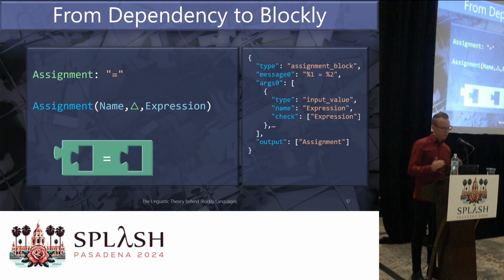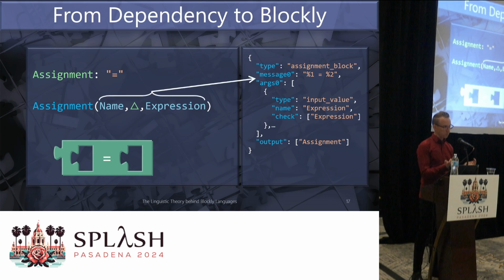So if we compare this now to the JSON definition of the blocks, we see that each dependency rule firstly corresponds to such a definition, and the body of the rule corresponds to the message string of this block, and the word of the category corresponds to the text on this block.